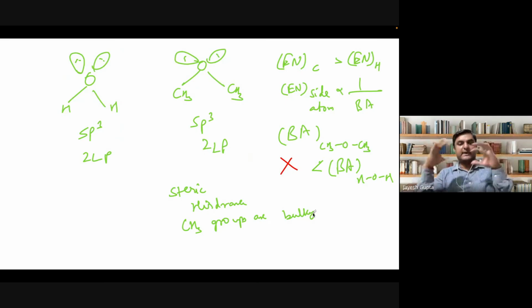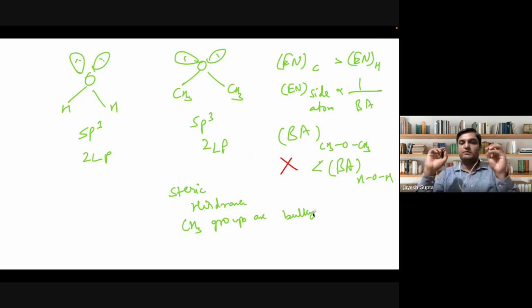This repulsion between bulky groups is termed steric hindrance. We do not repeat every time that repulsion will be there due to bulky nature. If we just say steric hindrance, it is self-understood that we are talking about repulsion between bulky groups. So more bulky groups, more steric hindrance, the more the bond angle.